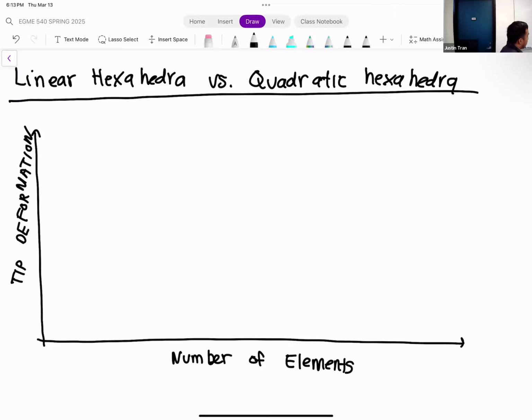Okay, so just like our other graphs, we're going to have the number of elements on the horizontal axis, our tip deformation on the vertical axis, okay? Generally, what we should expect is that the quadratic hexahedra should converge faster based on the number of elements. And that's exactly what happened.